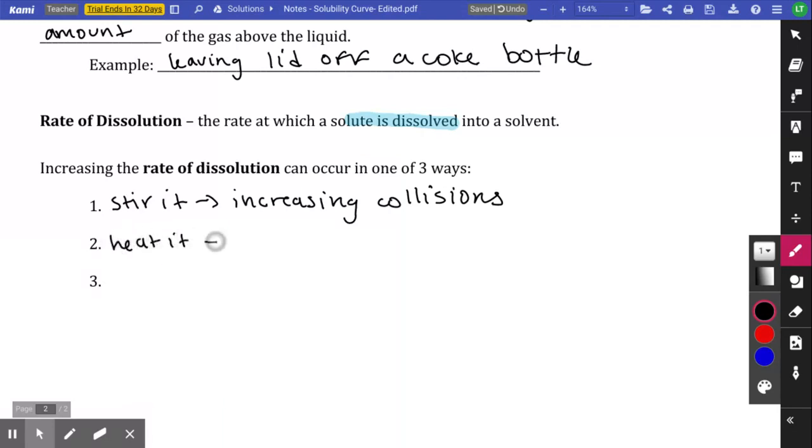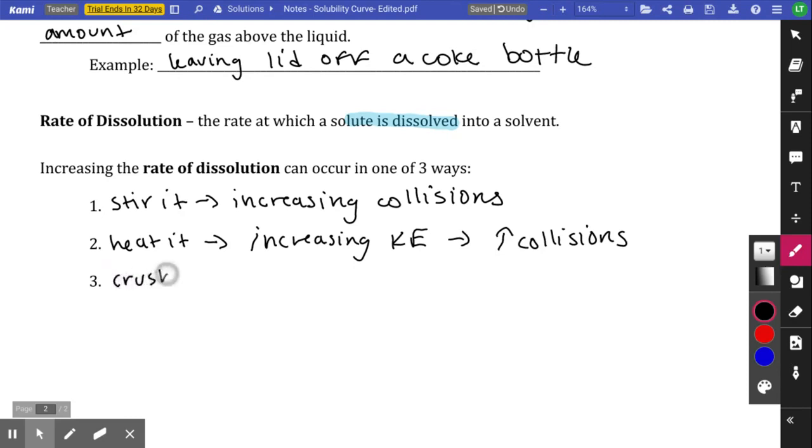Now, if I heat it, then I am increasing my kinetic energy, which means my particles are moving more. So once again, I'm also going to be increasing collisions there. If they collide, my solute can dissolve.